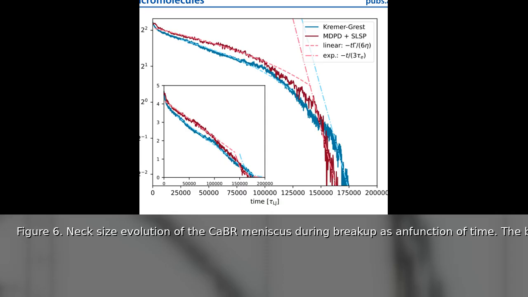This remarkable quantitative agreement indicates that the SLSP model, integrated with the MDPD liquid-vapor representation, can faithfully reproduce the complex rheological dynamics of entangled polymers, including in processes involving interfaces and breakup. The authors interpret these results as strong validation of the SLSP approach for simulating nano-rheological processes and interpreting experimental measurements.